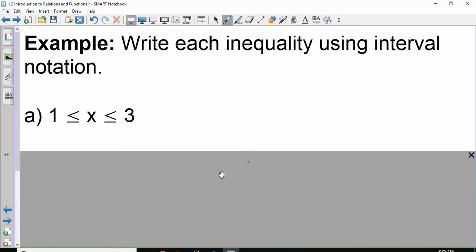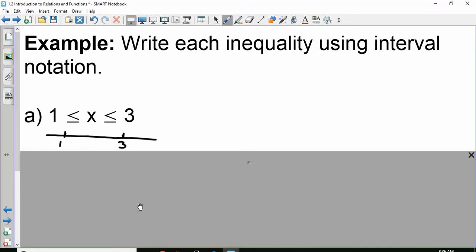So if I took 1 is less than or equal to x is less than or equal to 3, and I'm drawing myself a really rough number line, this starts at 1. It had an equal to. You have used closed circles for that when you graphed them in the past.